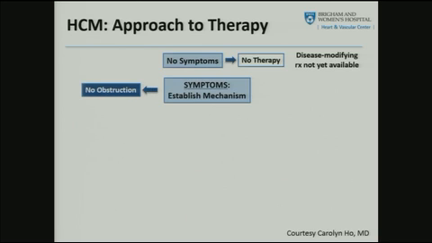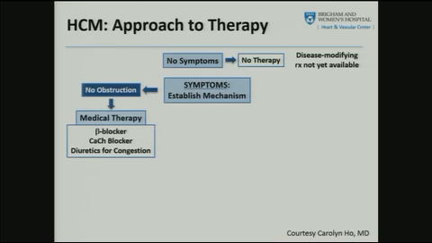So in general, if there's no obstruction in HCM, medical therapy is really about giving diuretics for congestion if it's there. And beta blockers and calcium channel blockers may offer some benefits if there is, for example, atrial fibrillation to slow heart rate, or if there is significant diastolic filling abnormality.